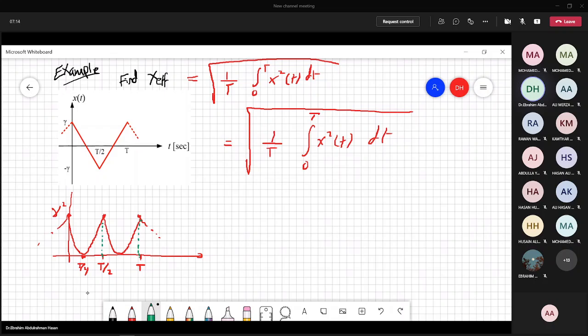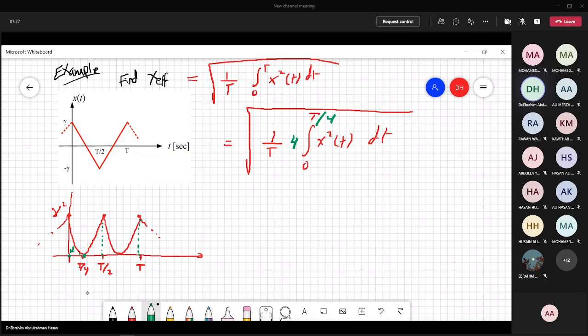Just take this part and multiply it by 4, and take the integration from here to here. If I take this and multiply by 4, it will be exactly the same. So it is 4, and here T over 4.